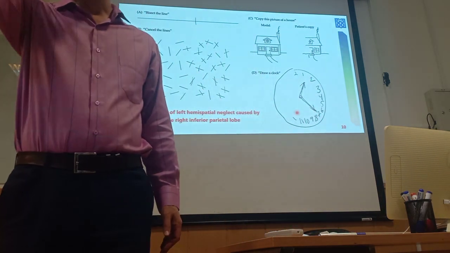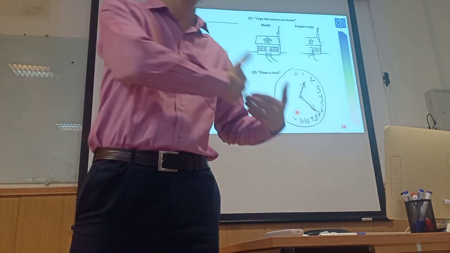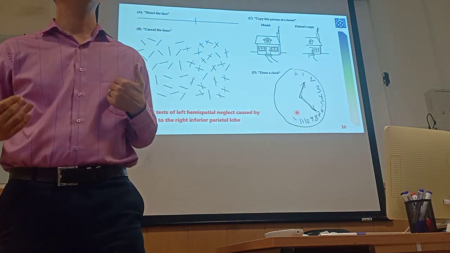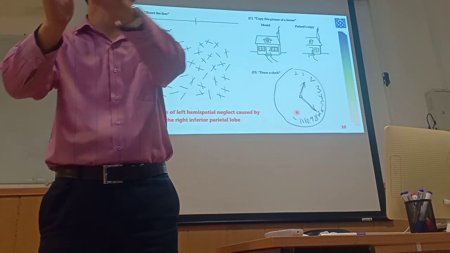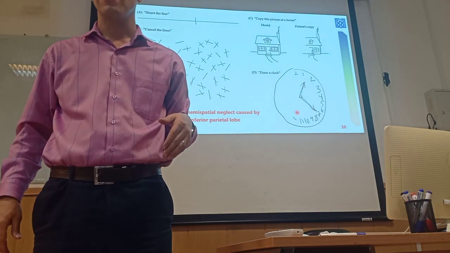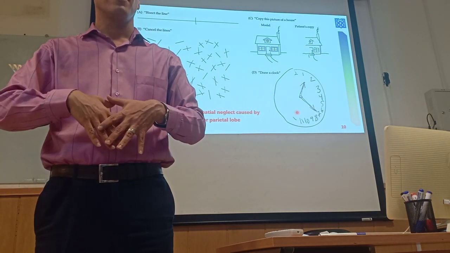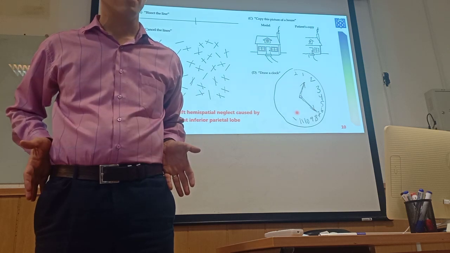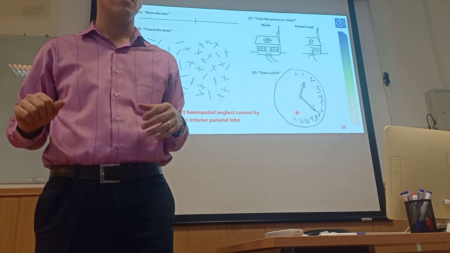So, when there is damage in the dorsal part, the patient ignores the left side of the body. When there is damage in the ventral side, the patient ignores the left side of objects. Okay? So the first one is called near space. The second one is called far space.